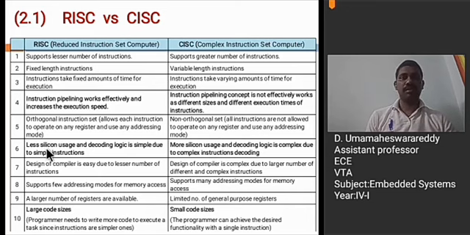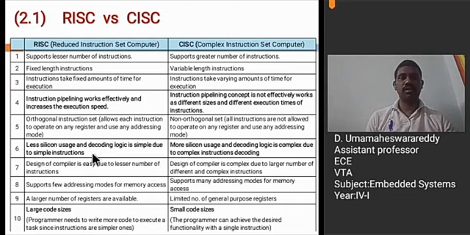And coming to RISC, there is less silicon usage and the decoding logic is simple due to simple instructions. As it has a lesser number of instructions and simple instructions, the decoding logic is simple. That is, your circuit design is simple, and as your circuit design is simple, less silicon is used for manufacturing.